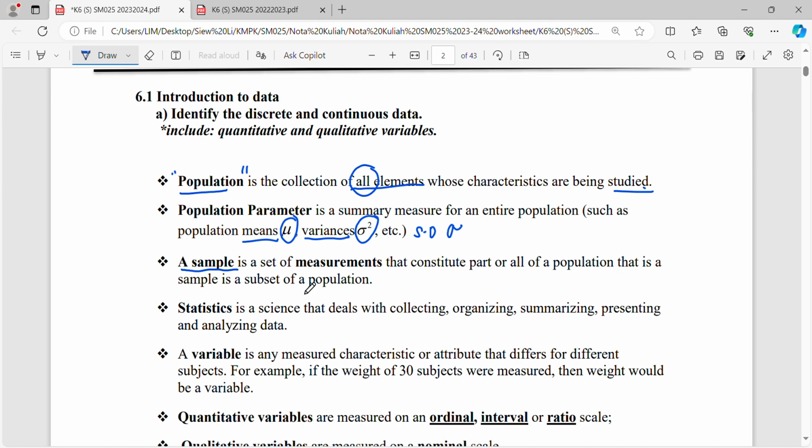But if you're taking your data from a sample, your sample parameter means your statistic. The mean is denoted as x-bar, the variance will be S squared, and the standard deviation symbol will be S.